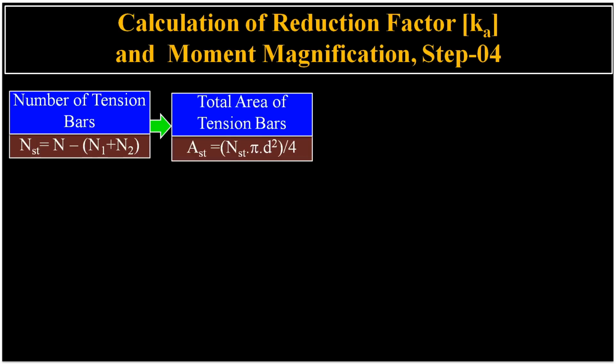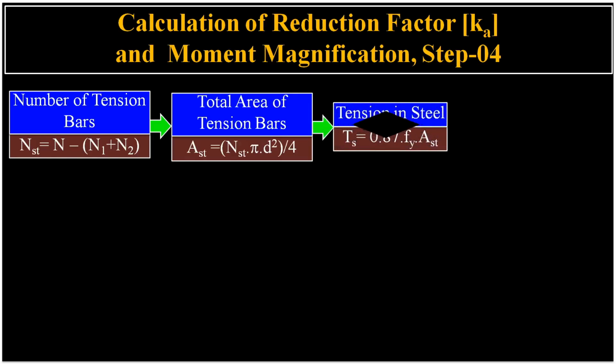Total area of tension bars. After counting the number of tension bars, we can easily calculate the total area of tension bars. Say it is AST. Then AST equals NST times pi times D squared by 4. Here, D is the diameter of the bars.